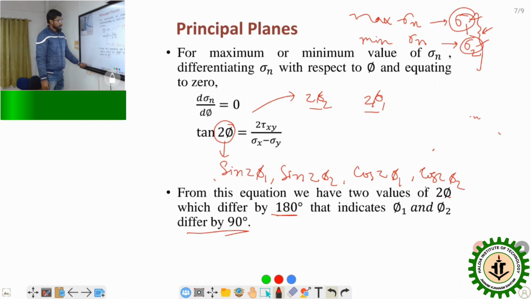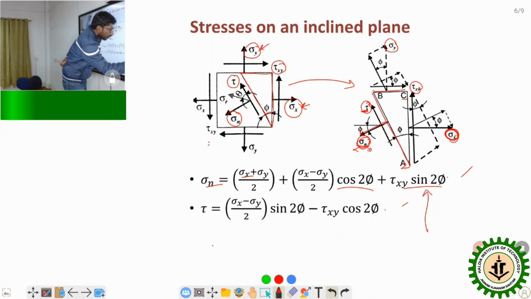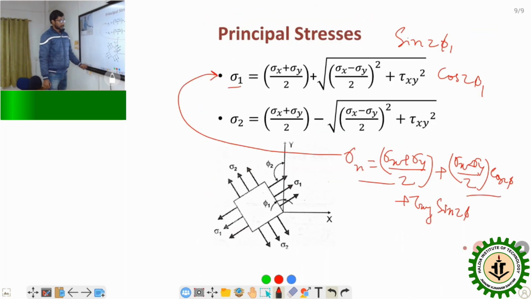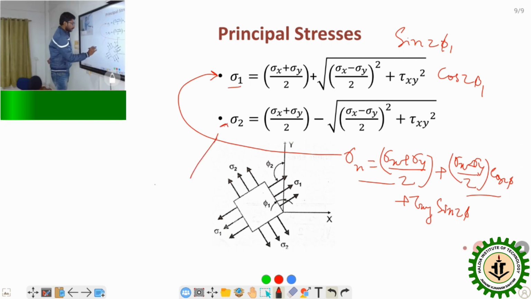Again, in this expression of normal stress on an inclined plane, if we put the values of sine 2 phi 2 and cos 2 phi 2, then we will get the value of minimum sigma n, which is basically the minor principal stress denoted by sigma 2.